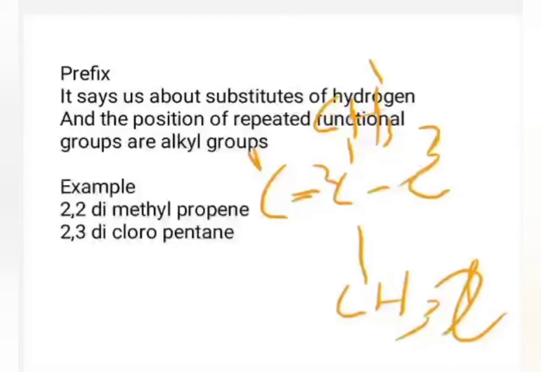The first methyl is bonded to second carbon atom, and even the second methyl is also bonded to second carbon atom. 2, 2 represents the position of the methyl, and di gives the expression that there are 2 methyl groups in the given carbon compound.